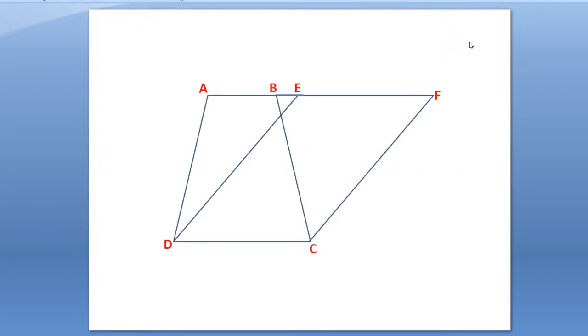Now see here. Try to understand what I am telling you. ABCD is a trapezium, EFCD is a parallelogram.